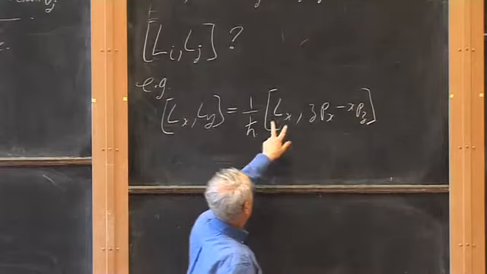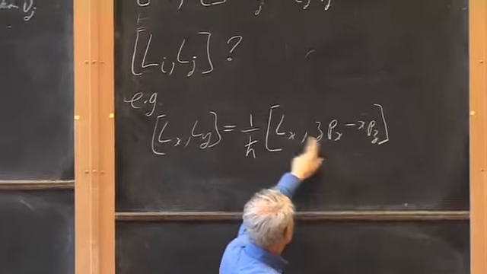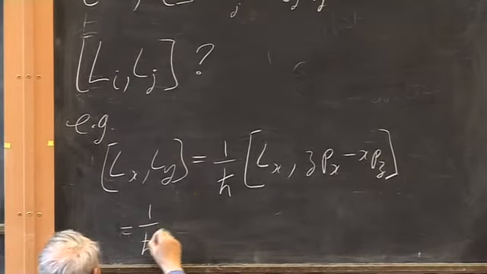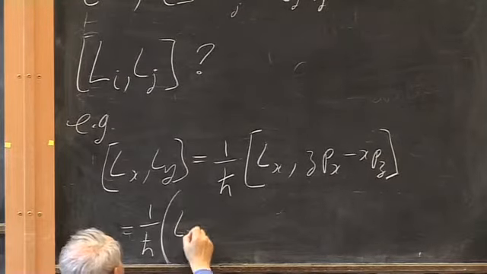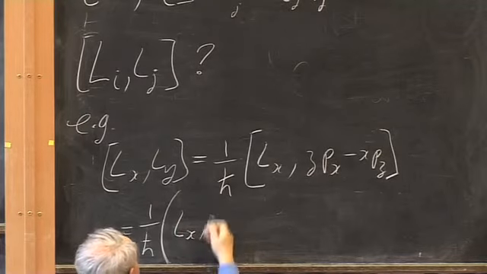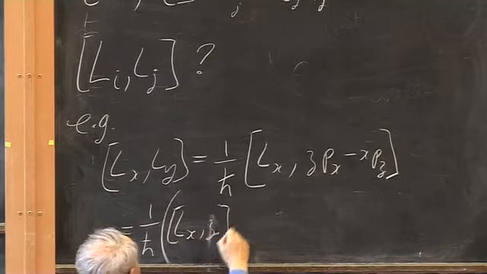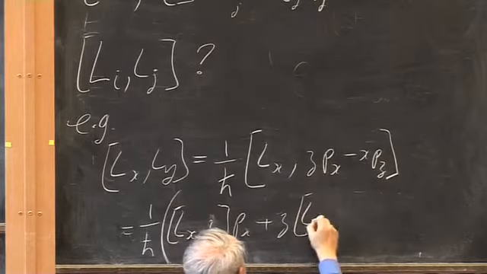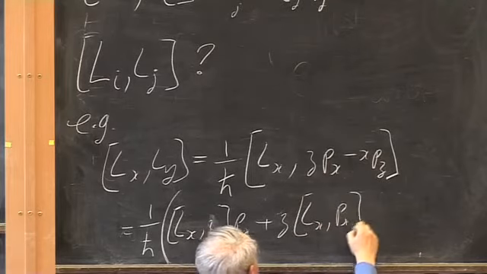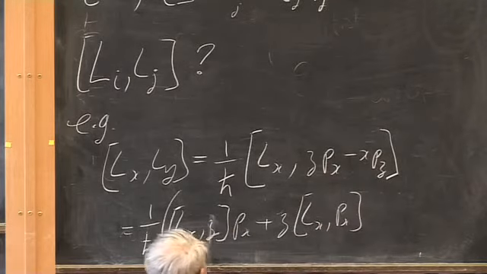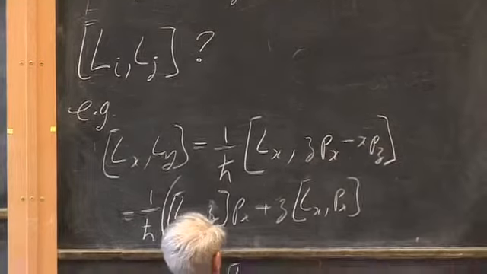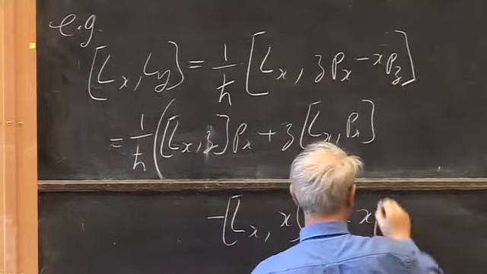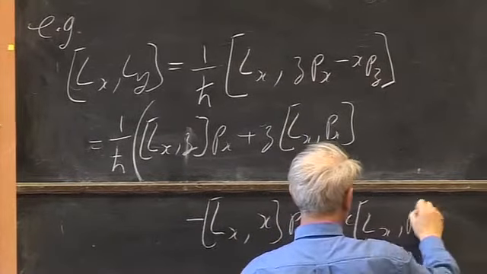And we know now how Lx commutes with this and how Lx commutes with that, so we can work it all out. So this is going to be 1 over h bar, open a big bracket, of Lx commuted with z, with px standing idly by, plus z standing idly by, Lx commuting with px, minus Lx commuting with x, and pz standing idly by, minus x standing idly by, while Lx works on pz.